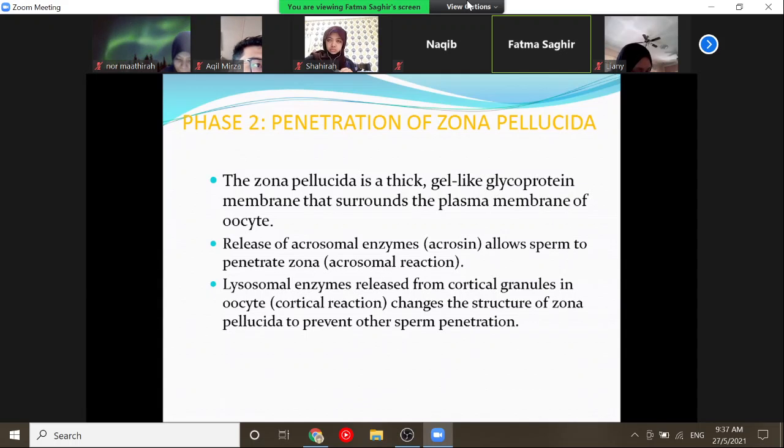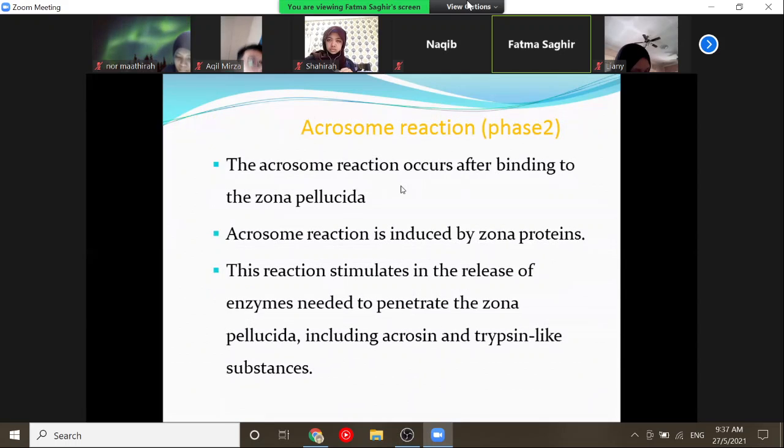From the video, we can see after binding of the first sperm, the other sperm just hit the wall and return back. They cannot bind. Okay. Thank you, Matira.